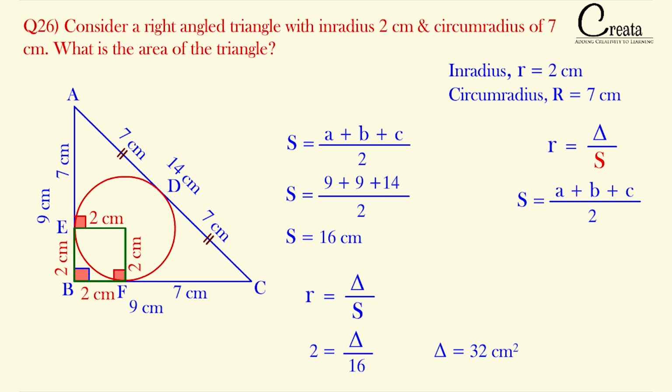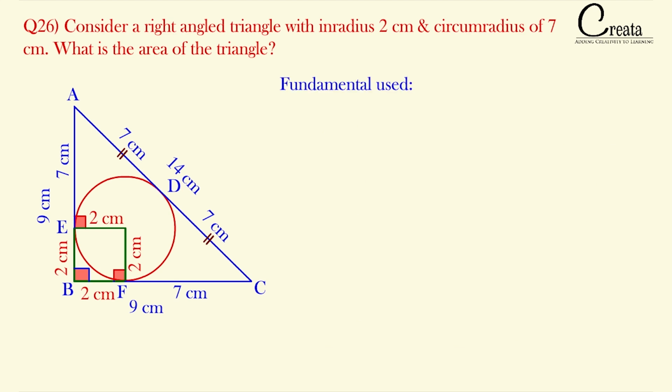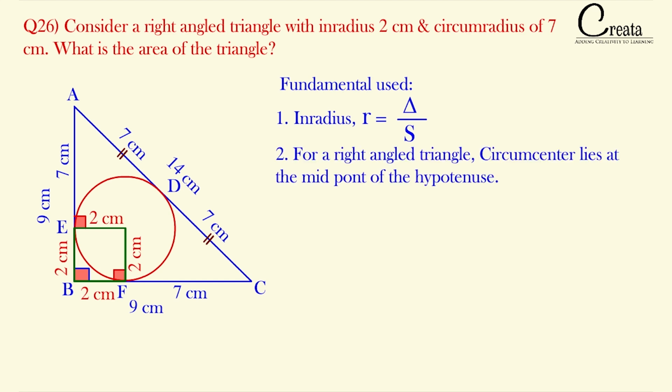Okay, so the first fundamental that we have used is the formula of inradius, that is inradius is equal to area of the triangle upon semi-perimeter. The second fundamental that we have used is, for a right angle triangle, the circumcenter lies at the midpoint of the hypotenuse. The next fundamental is, half of the hypotenuse is equal to the circumradius.